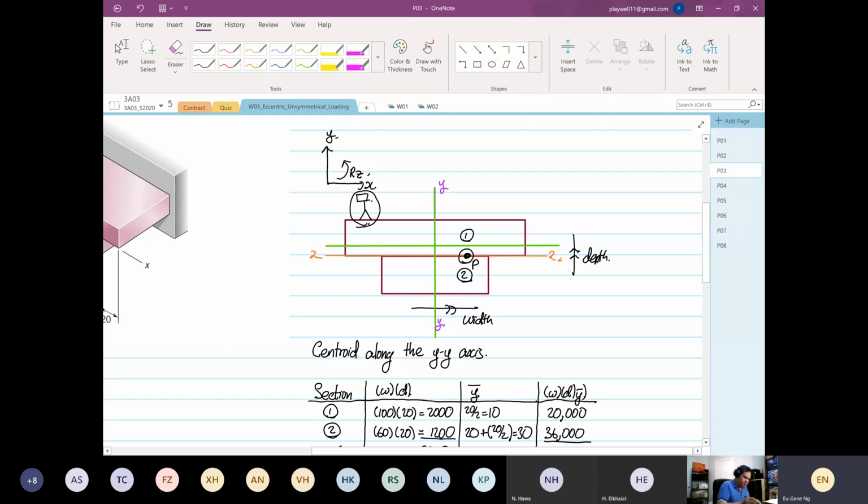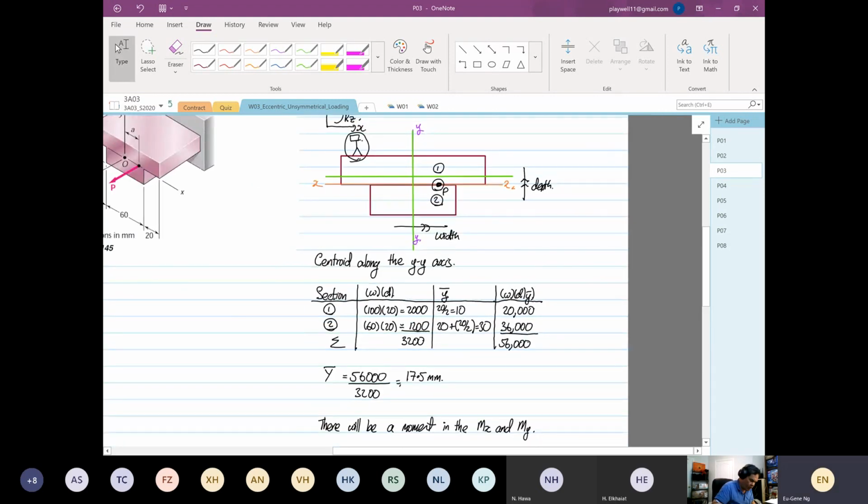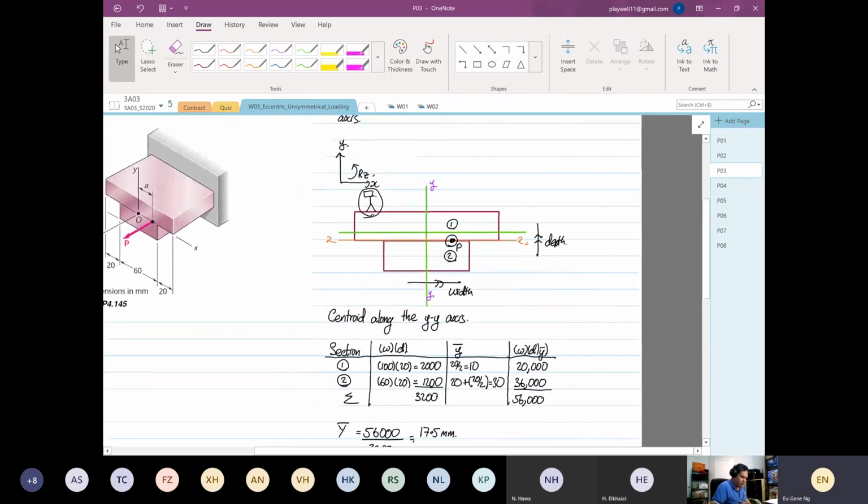So from this observation, we know that there will be a moment in Mx and My, about the x-axis and the y-axis.